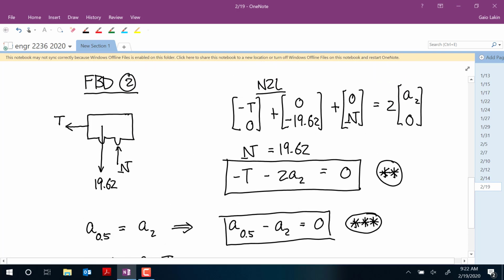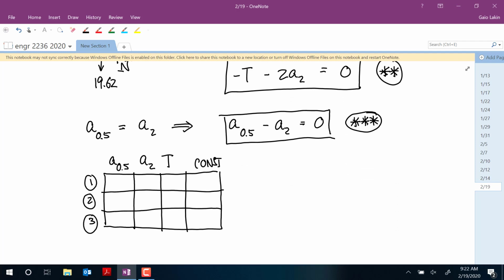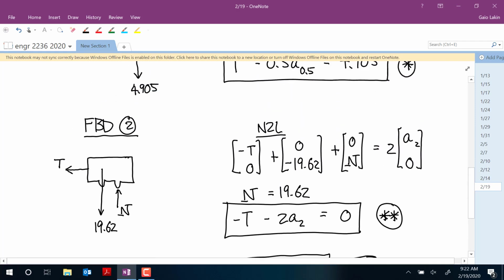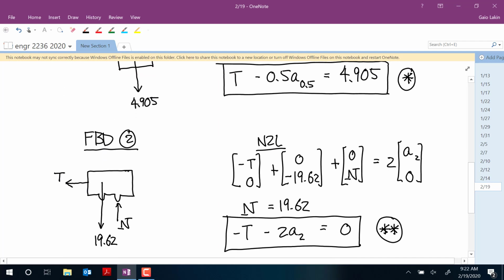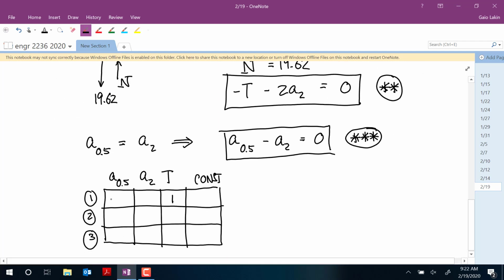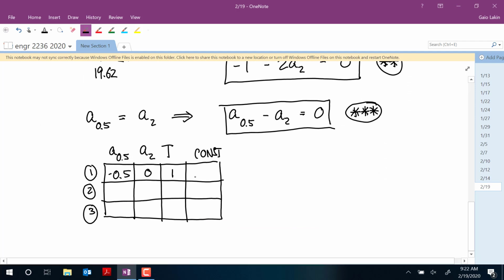Well, I guess I'll write it out. So T for the first equation, we have one of those. A0.5, we have negative 0.5 of those. 0 A2s, and the constant is 4.905.